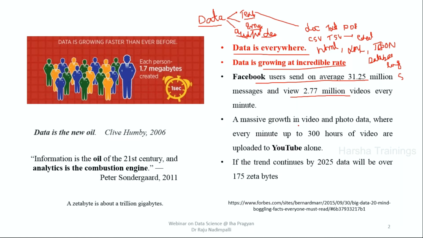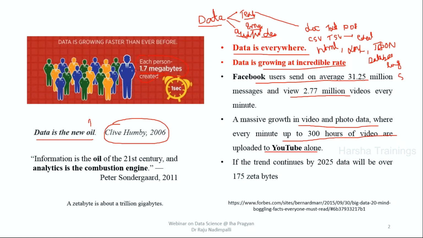This kind of massive growth in video and photo data, where every minute up to 300 hours of videos are uploaded onto YouTube. Okay, and let us take a simple example. On an average, every person is creating 1.7 MB of data. Okay. Now, one mathematician called Clive Humby proposed that data is the new oil.